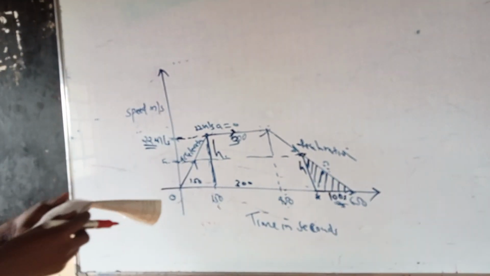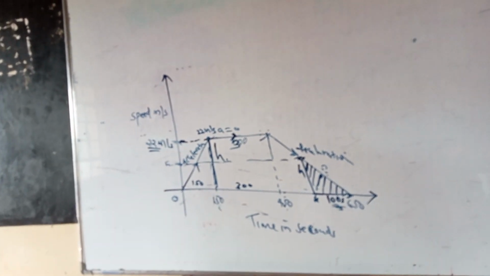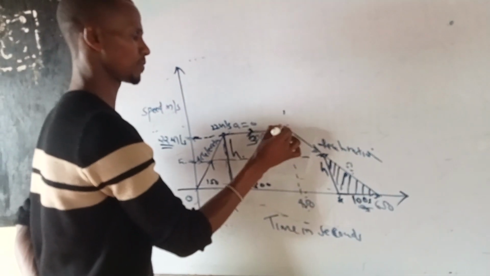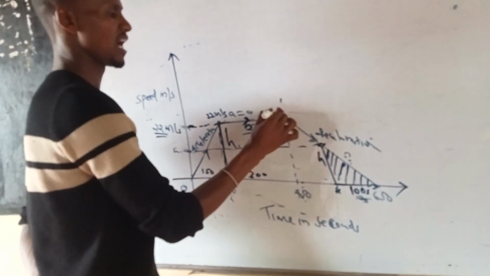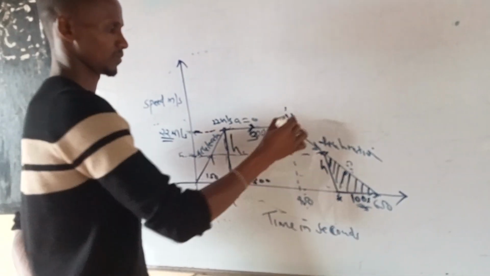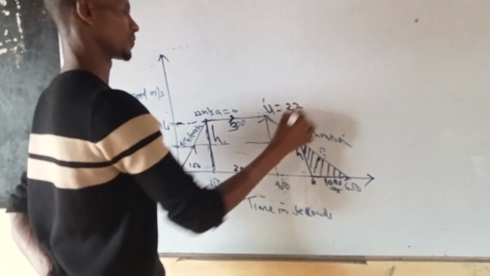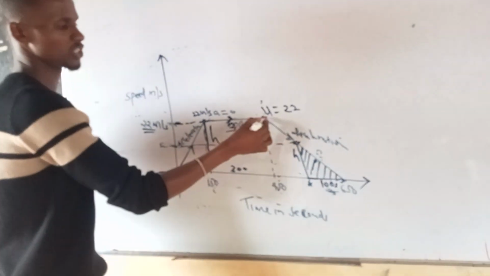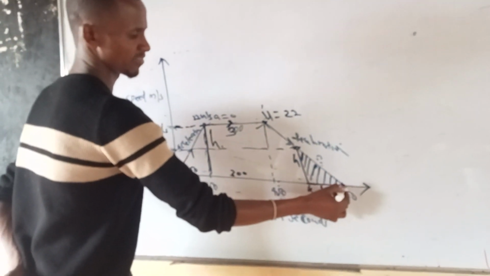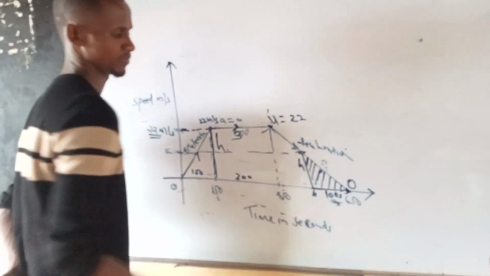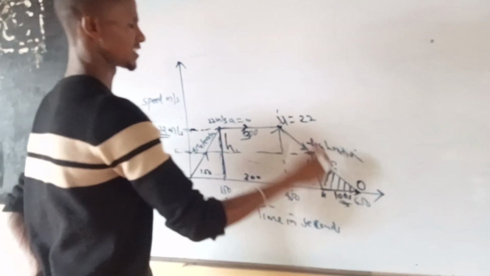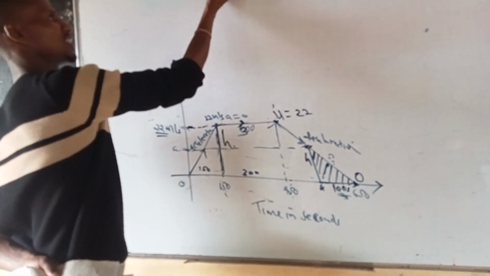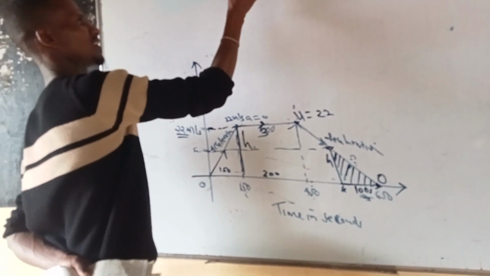So how do we get the acceleration? We can take this part of the line here, where our u is 22. That is the beginning, the initial velocity, and the final velocity is rest, which is 0. Acceleration is v minus u over time.